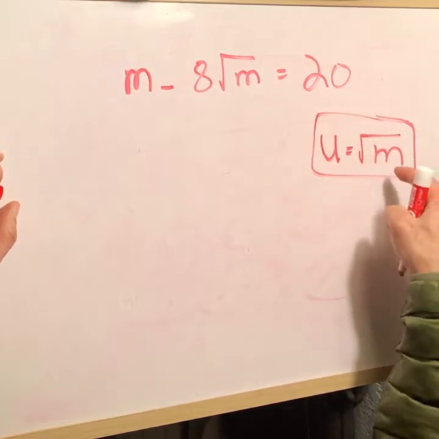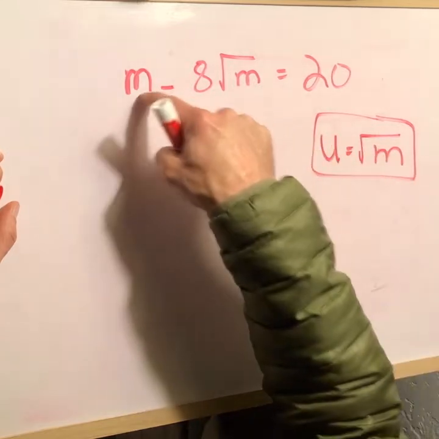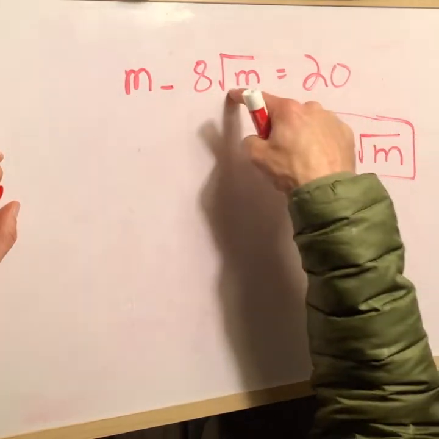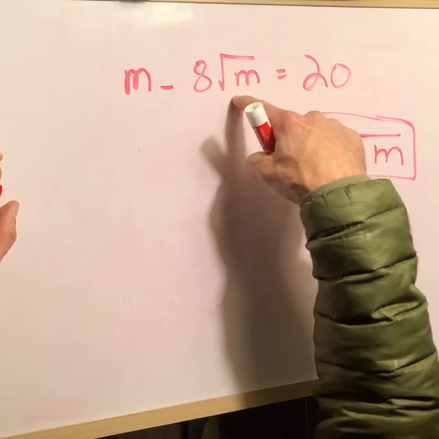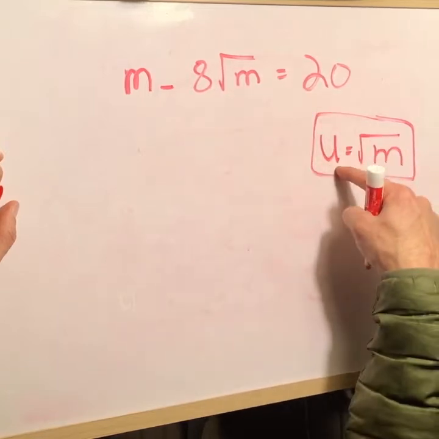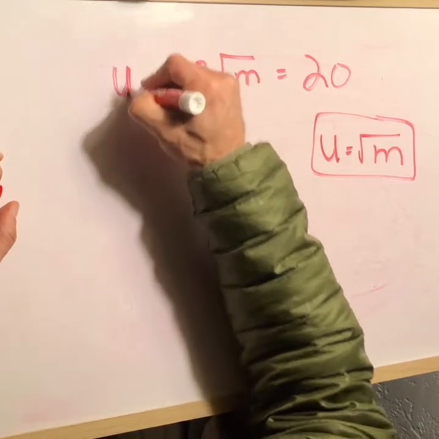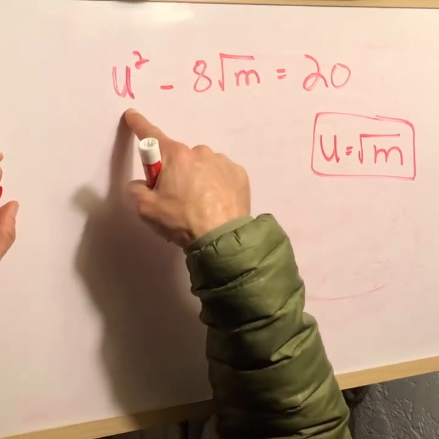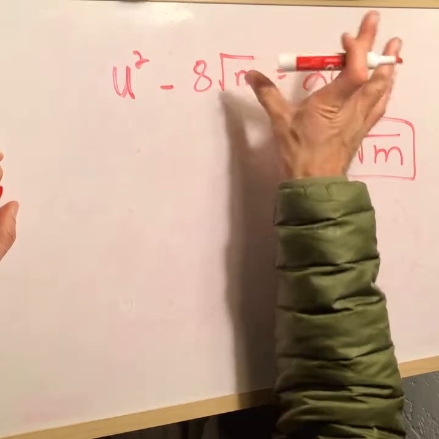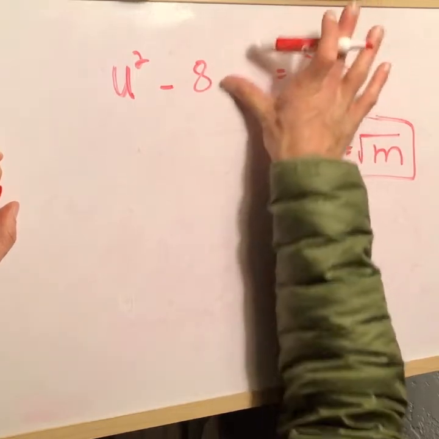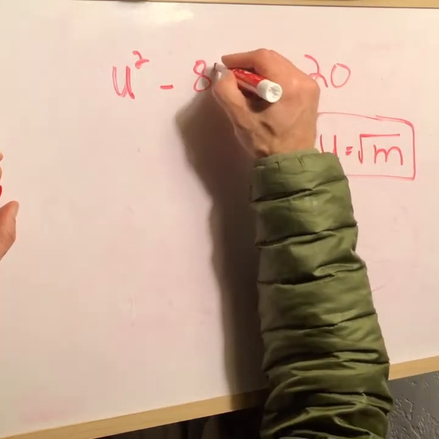Because look, if I do the square root of m squared, I get m. If I just do the square root of m, I'm left with just that number. So I can substitute this m for a u squared, because the square root of m squared is your m, it stays the same value. And I can substitute u for the square root of m.